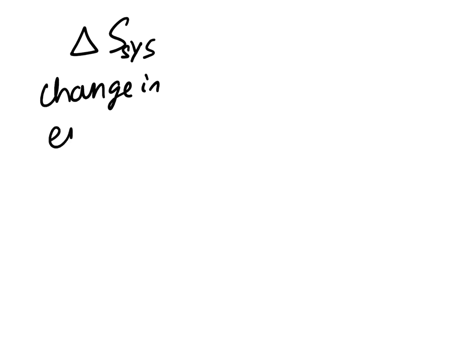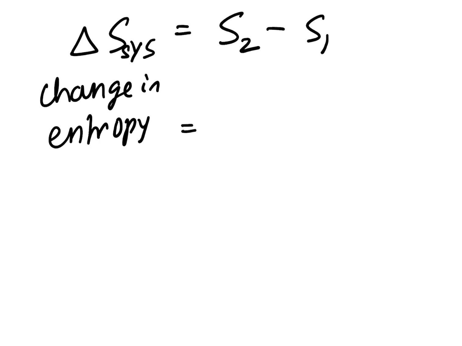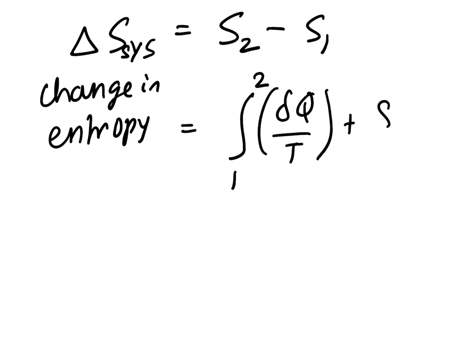That is, if you write the change in entropy of a system, this is the final entropy minus the initial entropy. This is equal to 1 to 2 delta Q over T plus entropy generated.